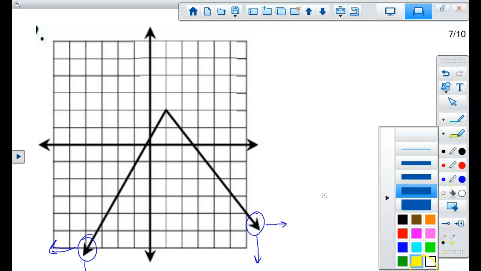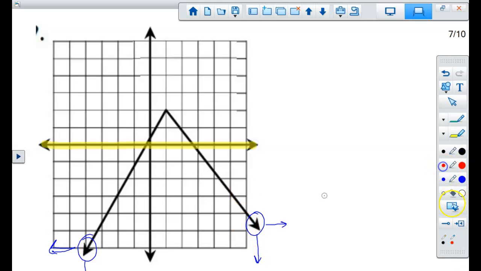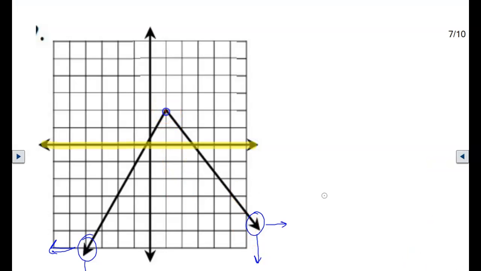So again here, let's identify our domain by tracing all the points on this V-shaped graph back to that x-axis. So this top point would go to there, and then as I start moving to the right of it, all of these points are going to trace back to the x-axis. And then I'll do all of these over here.